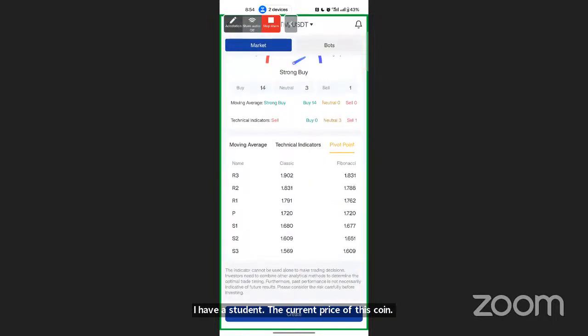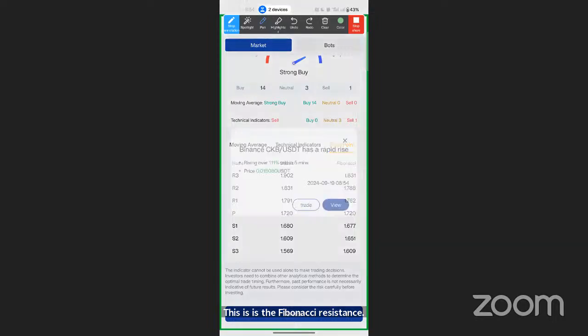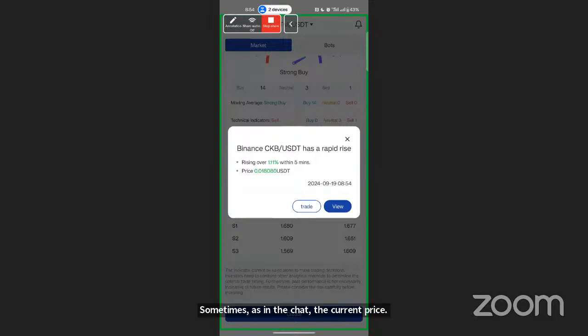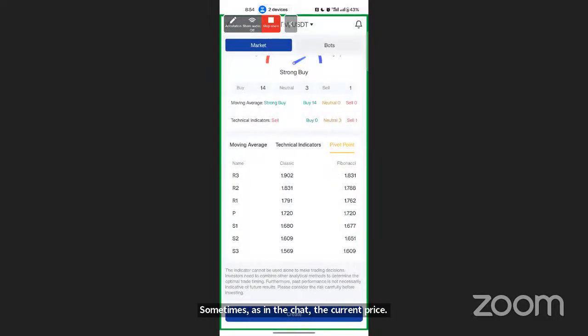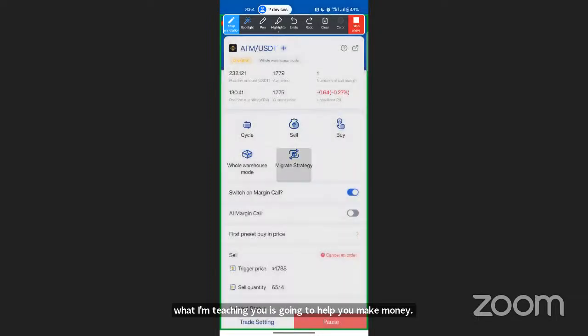Okay? And when we tap here on resistance 1, do you see? Is the Fibonacci resistance above the current price? Some answers in the chat. Now what I'm teaching you is going to help you make money. The current price is at 1.779.